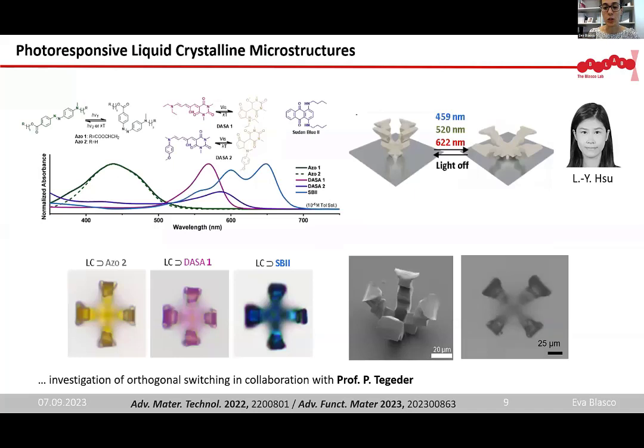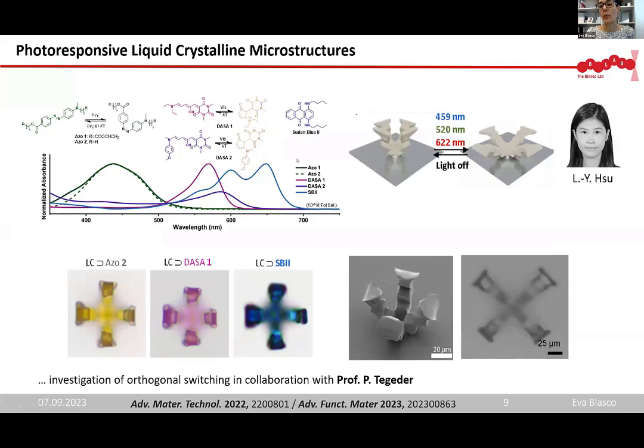And then she managed to incorporate not only the well-known azobenzenes, but also other dyes that absorb more in the red or even close to the infrared, such as the DASA and the Sudan blue.